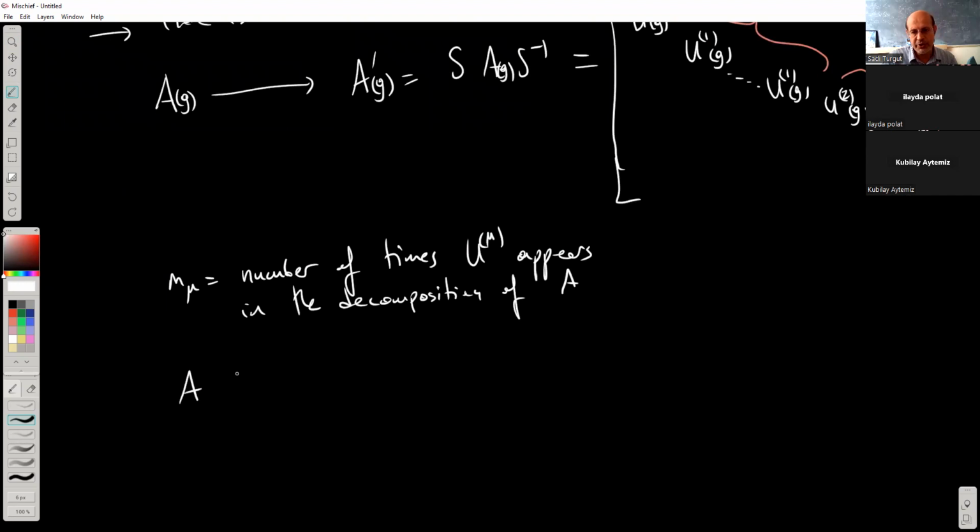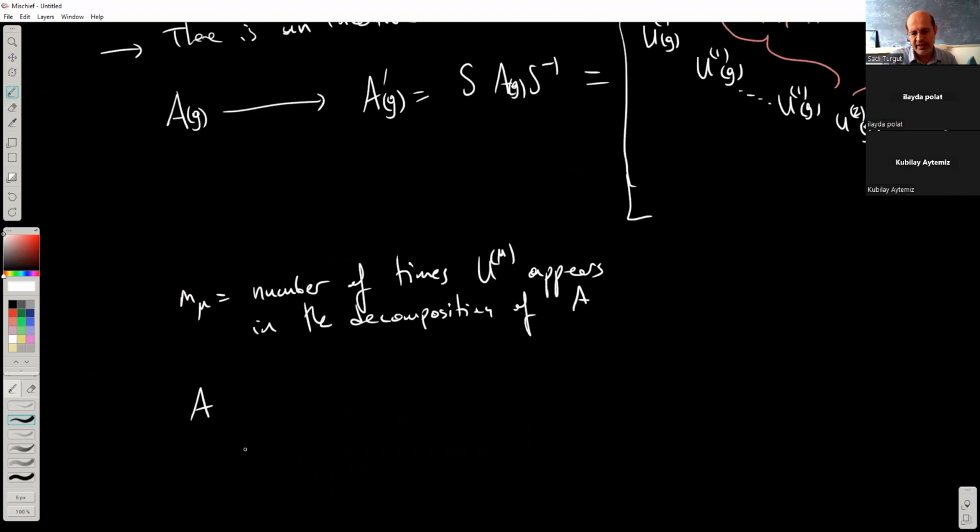So the correct notation for this is that A is equivalent to a direct sum of U1, and so on. This should appear M1 times, and so on.